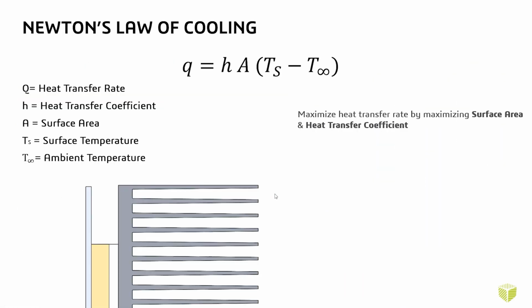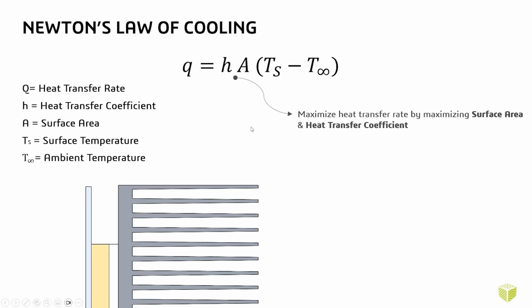If I want to maximize the ability of the heatsink to exchange heat, I want to think about maximizing the surface area and the heat transfer coefficient. And I'm pulling these values from this equation.